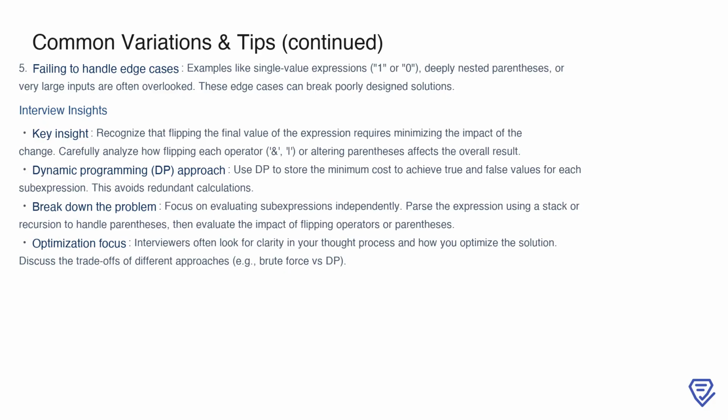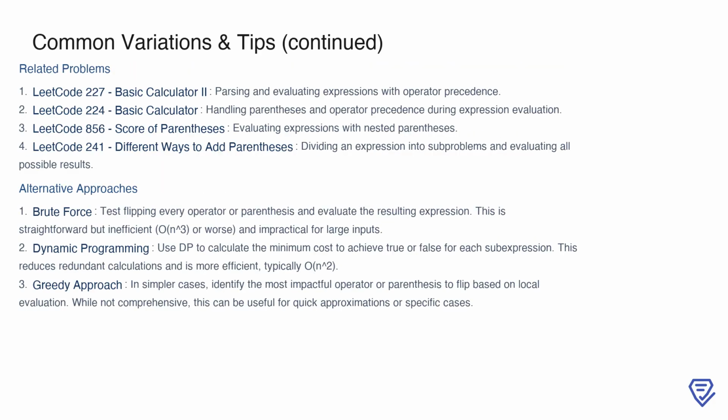Be ready to discuss the trade-offs between different approaches, such as brute force versus dynamic programming, and explain how you optimize your solution. This problem has connections to several related problems that can help you build a stronger foundation. For instance, LeetCode 227, Basic Calculator II, focuses on parsing and evaluating expressions while respecting operator precedence.